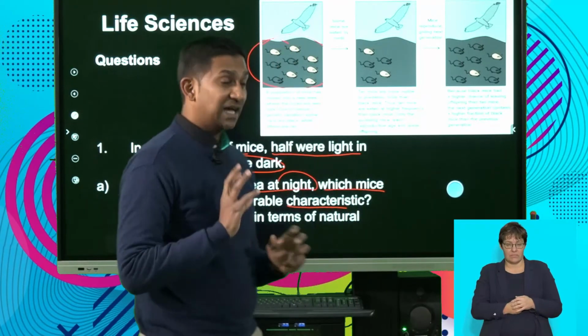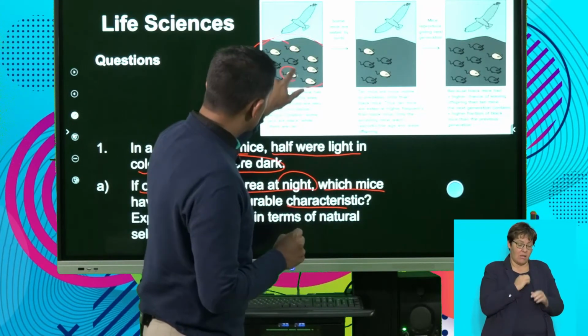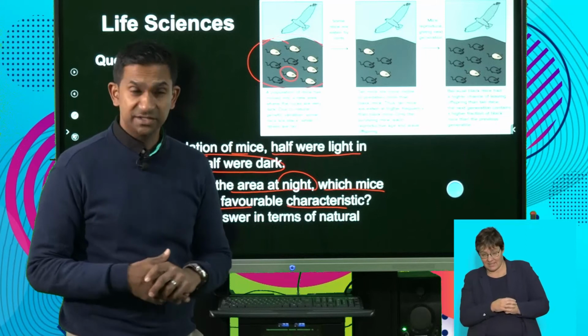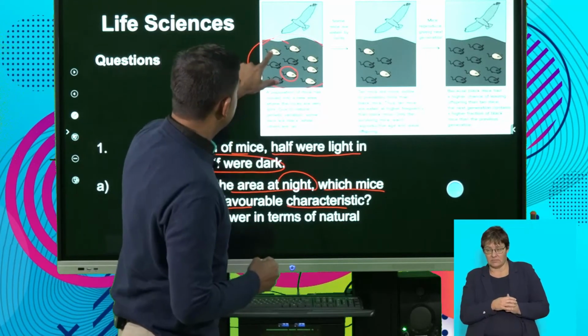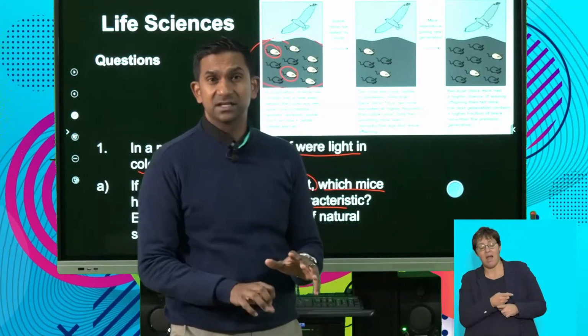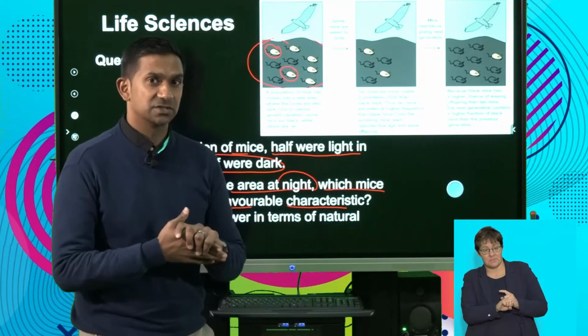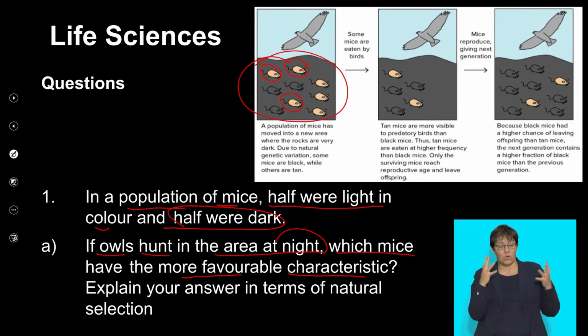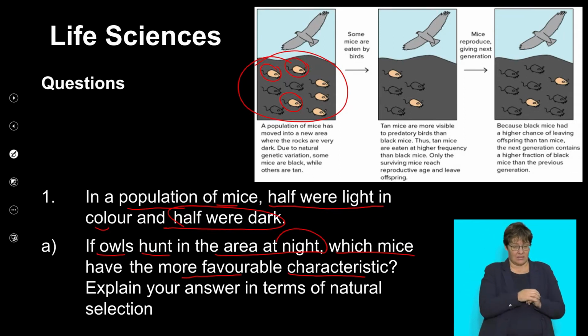Having a different color of coat gives some individuals a better advantage, or not necessarily an advantage. In this case, individuals against the dark surface at night are more likely to be seen by the owls. So the individuals that have a darker color, in this case the darker mice, will be less likely to be seen.